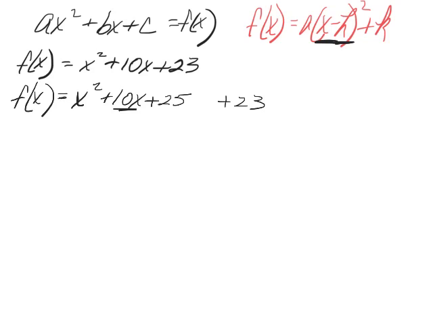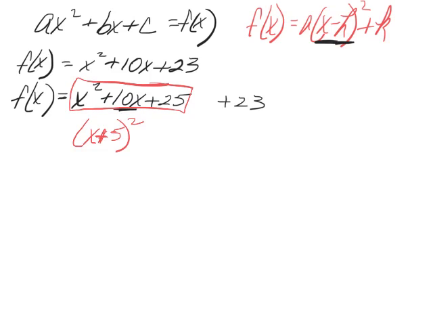So see what we did? We took the 10, took half of it, and squared it, because when we do that, it will eventually reduce to x plus 5, the quantity squared. That will take care of that right there.